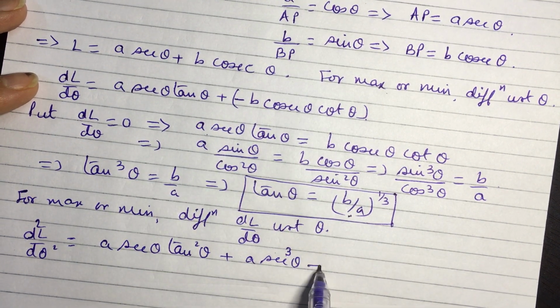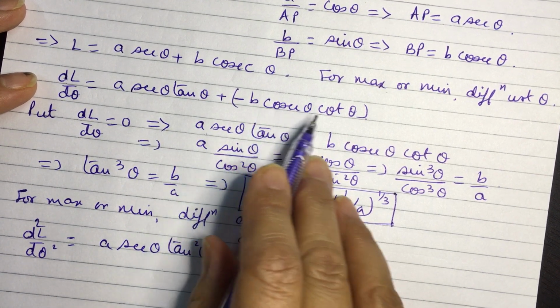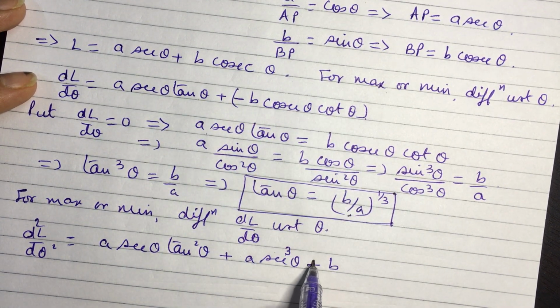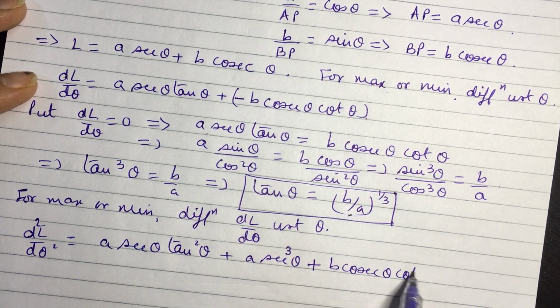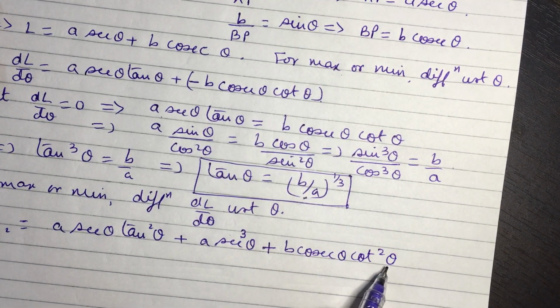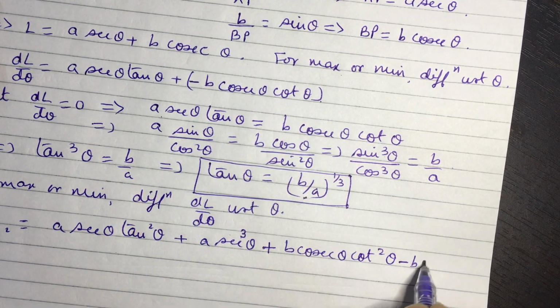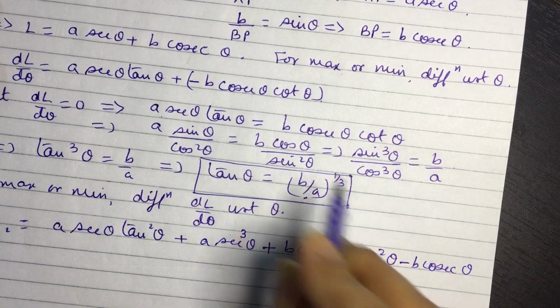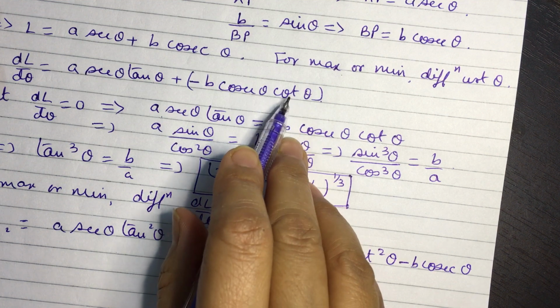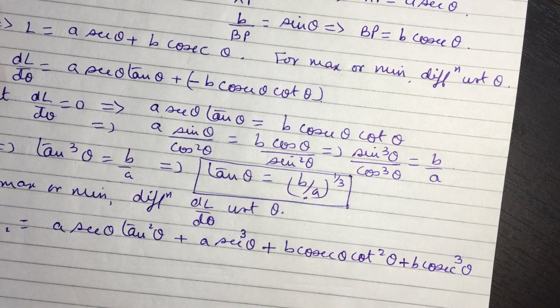Now, minus B, derivative of cosec is minus cosec into cot. So, minus of minus becomes plus and I get cosec theta cot square theta. Now, again minus B cosec theta is already there, derivative of cot theta is minus cosec square theta, minus of minus becomes plus and it becomes cosec cube.